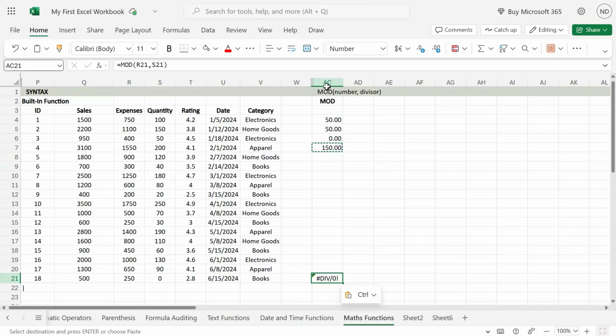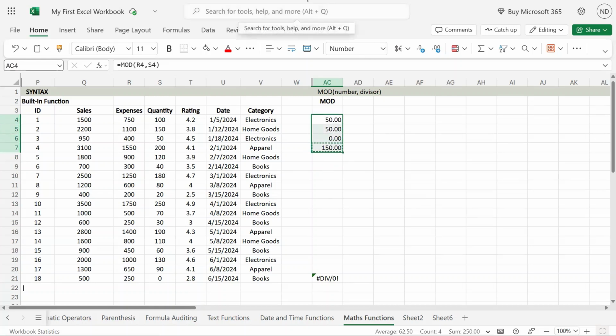There has to be some number by which it is divided, or it will give a division error. So this is how the mod function operates.